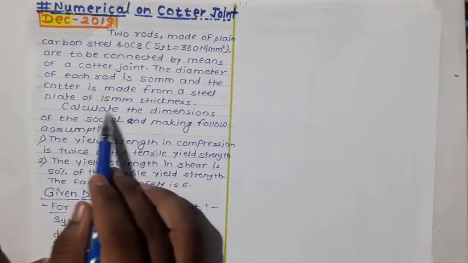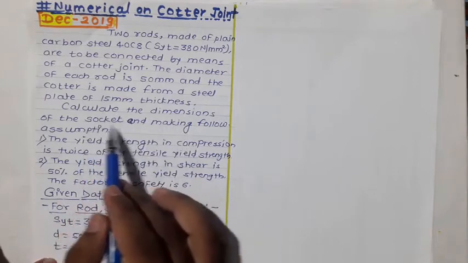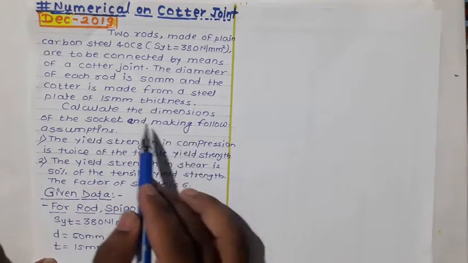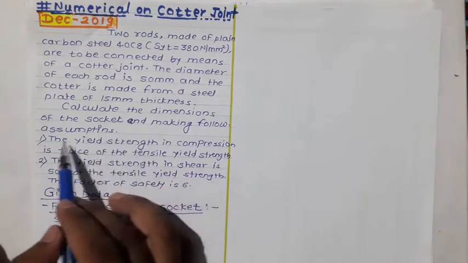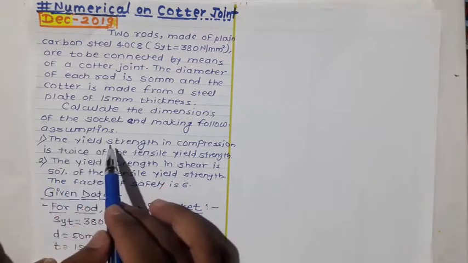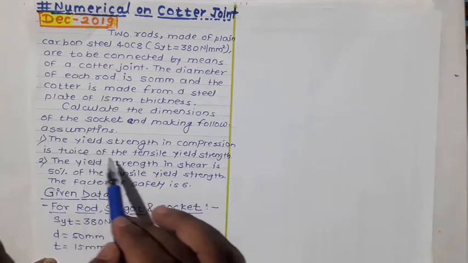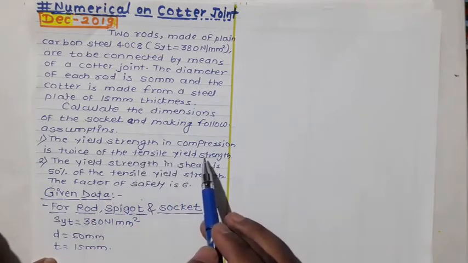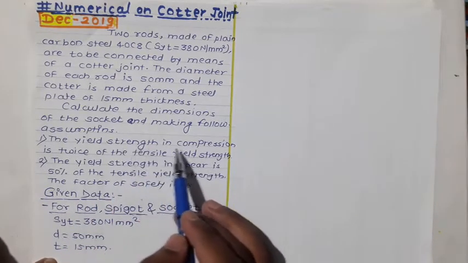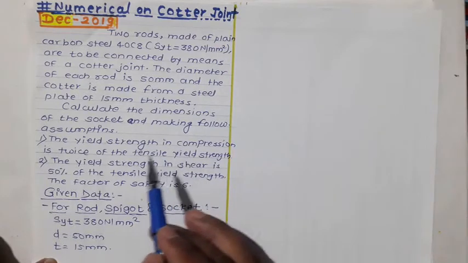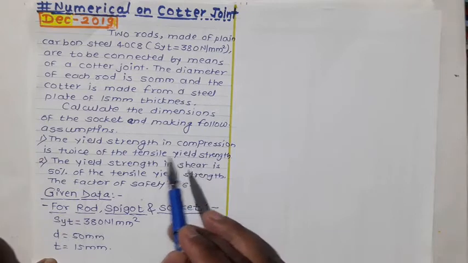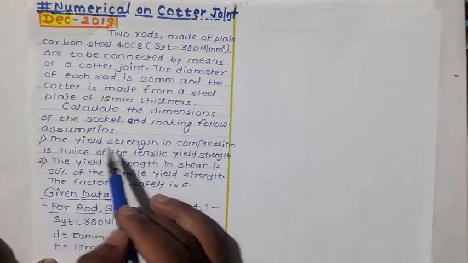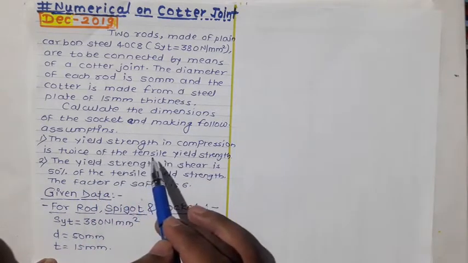Now next line, we have to calculate the dimensions of socket end. Okay, so we will write this parameter that we have to calculate later on. First of all, let us go through these assumptions. So first assumption is yield strength in compression is twice the tensile yield strength. Now yield strength in compression is denoted by SYC, and tensile yield strength is denoted by SYT, and thus we can write the SYC is twice the SYT.